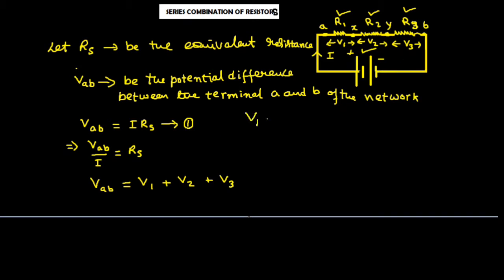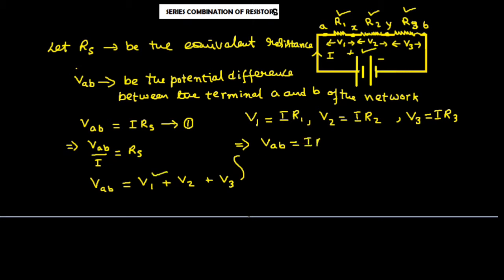Therefore, V1 is equal to I R1, V2 is equal to I R2, and V3 is equal to I R3. So we can write VAB equal to, instead of V1, I R1, instead of V2, I R2, and instead of V3, I R3.